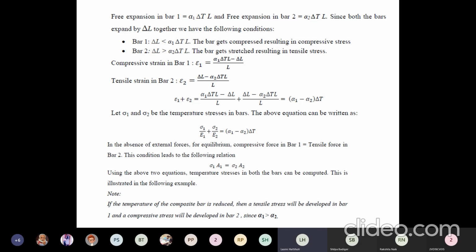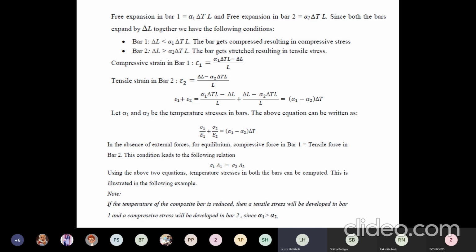Similarly in both the equations, L in the numerator is also common. So L will get cancelled. What remains ultimately is alpha 1 minus alpha 2 delta T. So this is a very important concept.